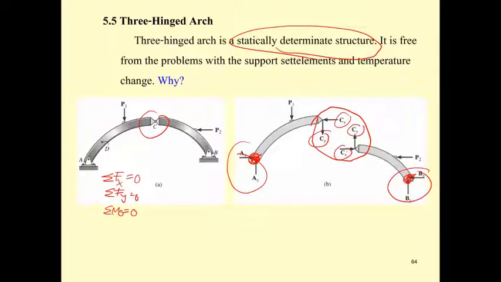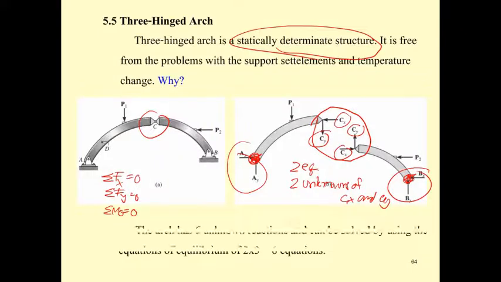So by doing this, you're going to get 2 equations to solve for 2 unknowns, C sub x and C sub y, by solving the simultaneous equations, okay.